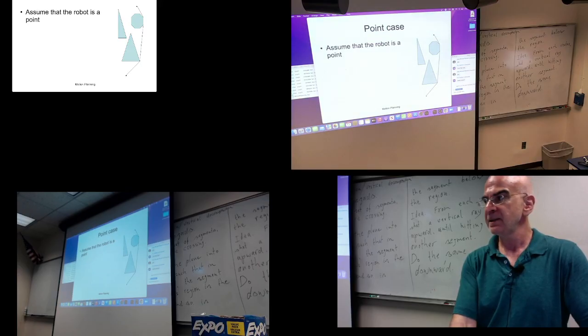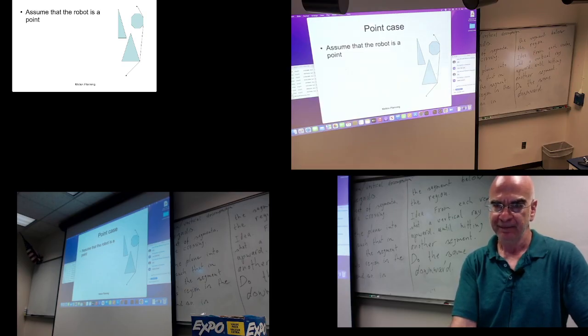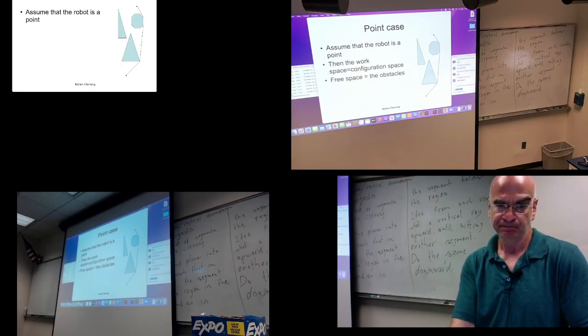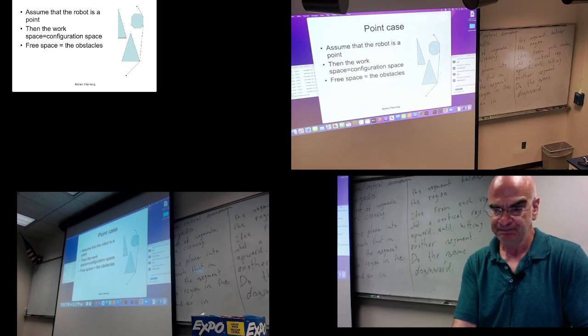And once again, since it's a point robot, it can be essentially anywhere outside the obstacles. It will be a bit different when my robot has a bit more extent. So assume the robot is just a point, then the workspace is just the configuration space. It can move anywhere which is not occupied by obstacles.